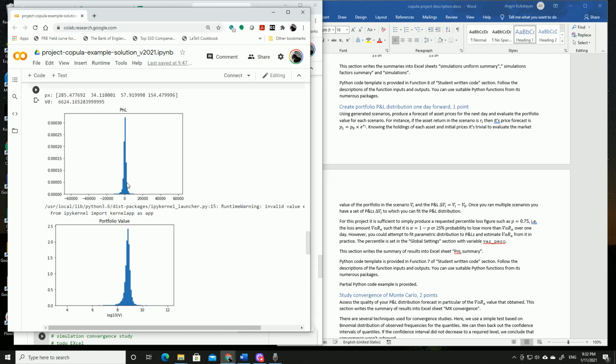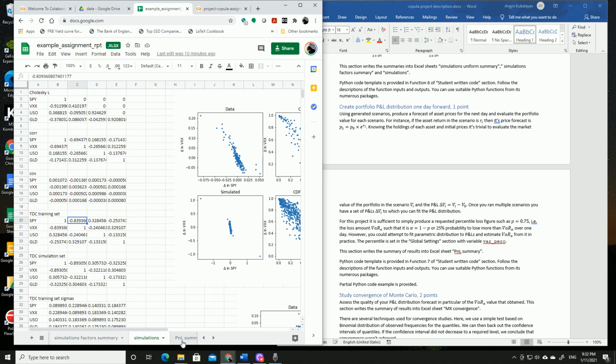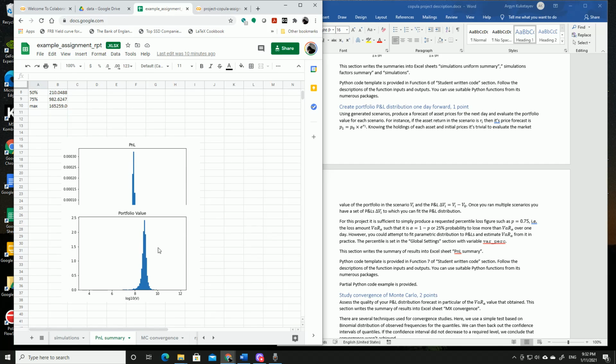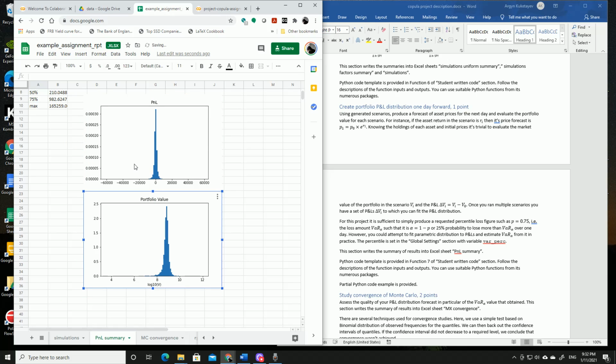If you did your job correctly, you should get something like this. We can see these plots in my example output, in the P&L summary. If you did your job right, then your plot should look something like this, except here it's different data, different numbers, different holdings, so please do not try to reproduce these plots, but they have this sort of look.